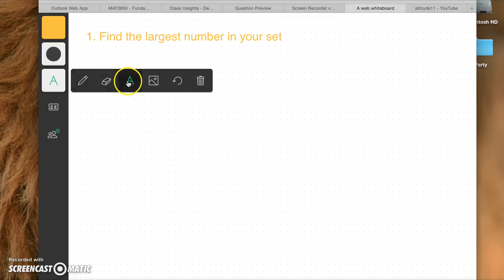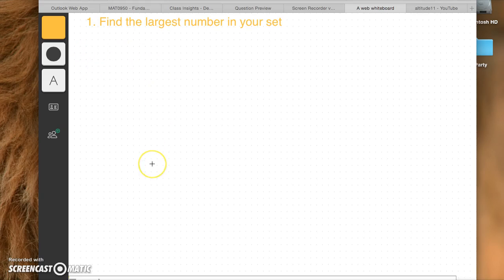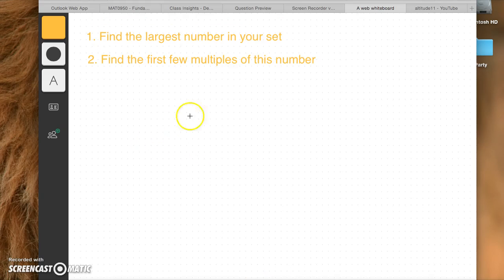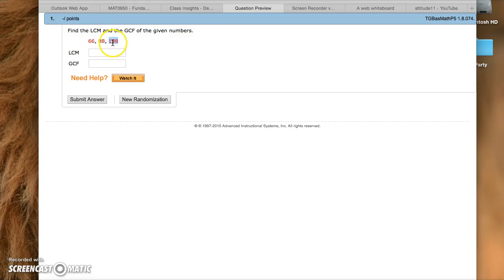Step number 2. We now are going to want to find the first few multiples of this number. Recalling here, guys, our largest number in our set is 198.